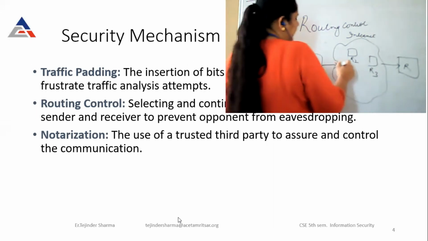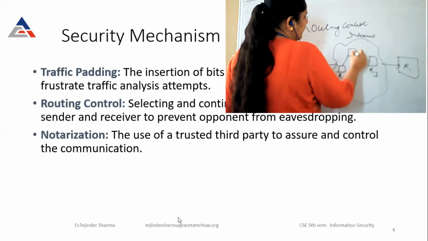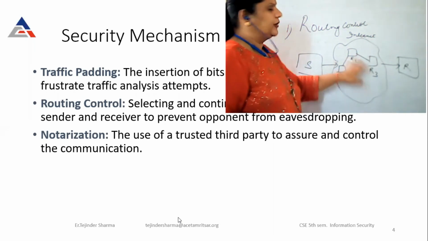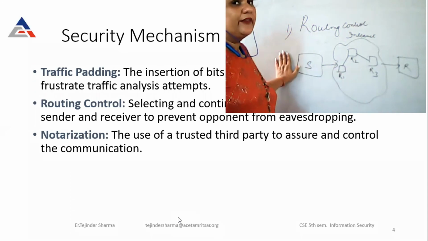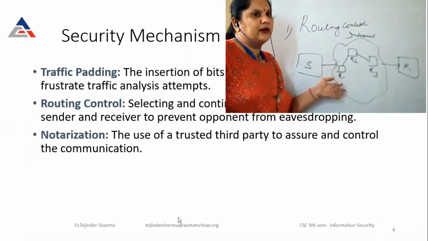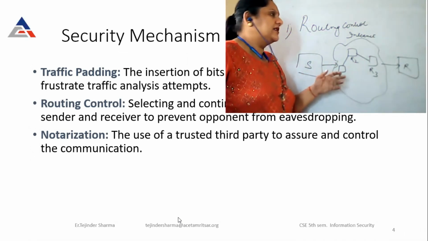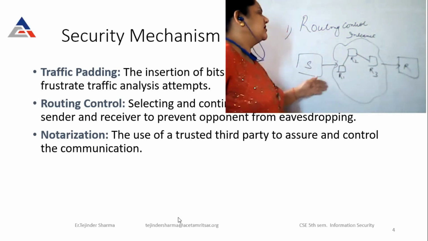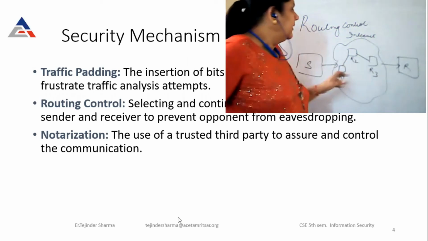Now, for example, the sender is sending the packets through R1, R2, and R3. Whenever you leave the packet on the internet, the routing control is not in our hand. The routers will choose their route according to themselves. As their live locations are on, they exchange messages and send the messages from one router to another.